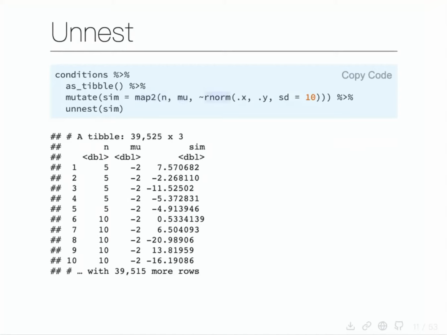In this case, we're sampling from a random normal distribution with whatever the .x is, so this is the n, and then with a mean of whatever the .y is, so this one, okay? This returns a list because we're using map2, and so we have to unnest that column to end up getting a nice data frame like this, okay?